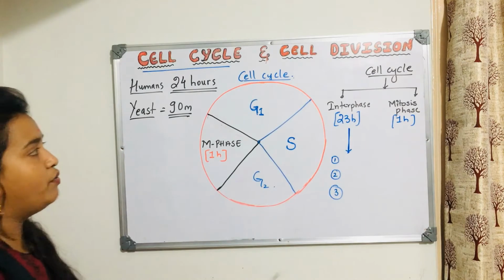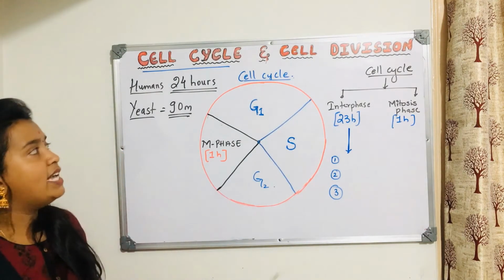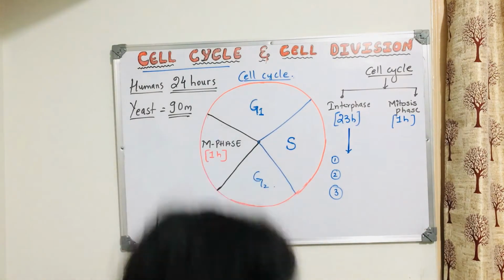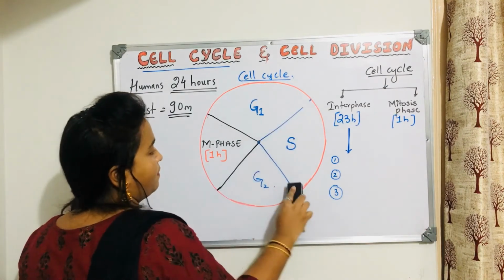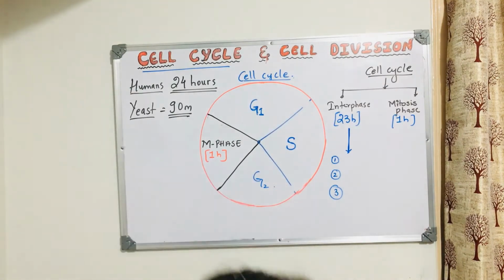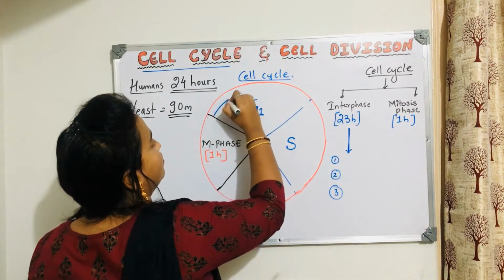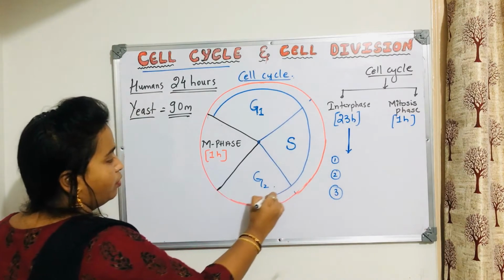Okay. So we are talking about interphase. Interphase is divided into how many phases? 3 phases. Now again you people should not get confused. This is just to make you understand.